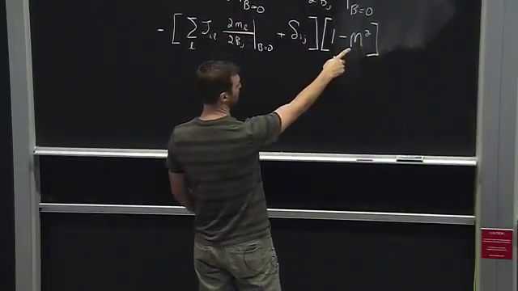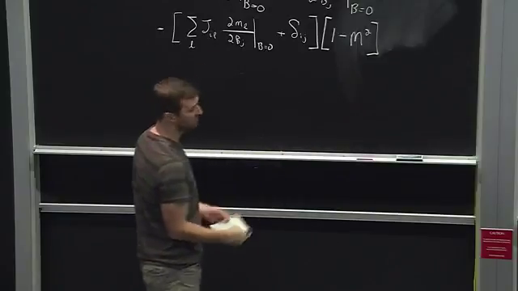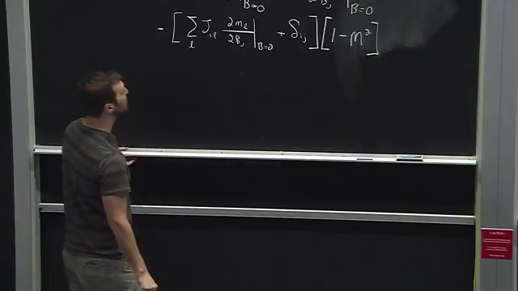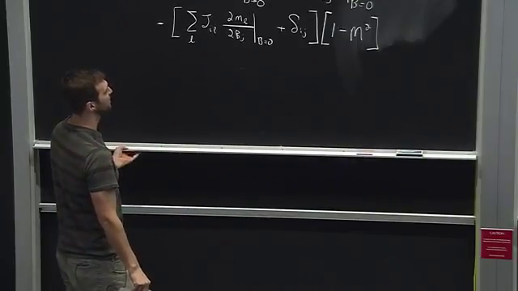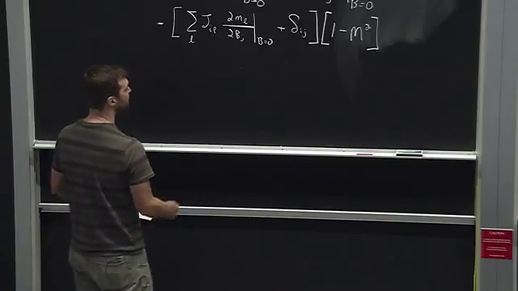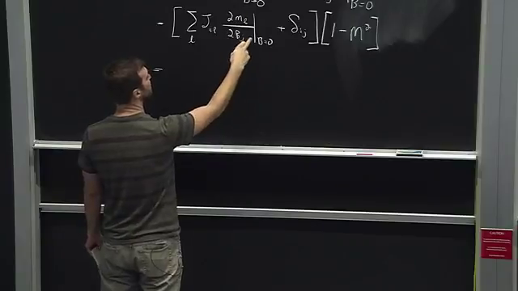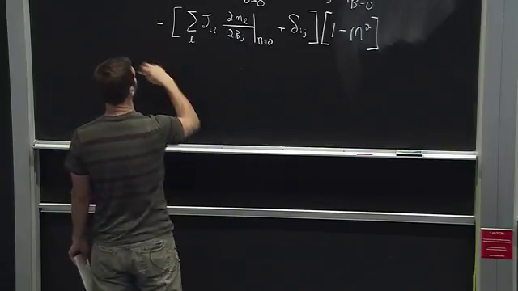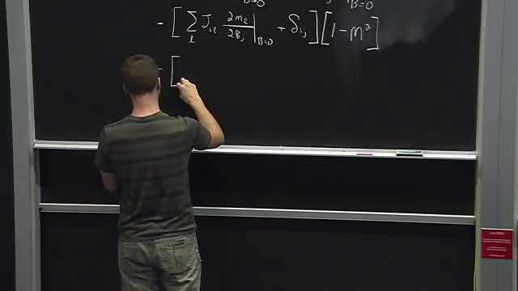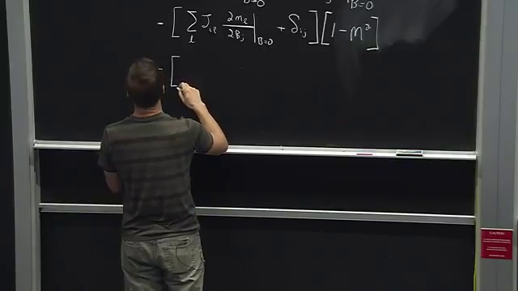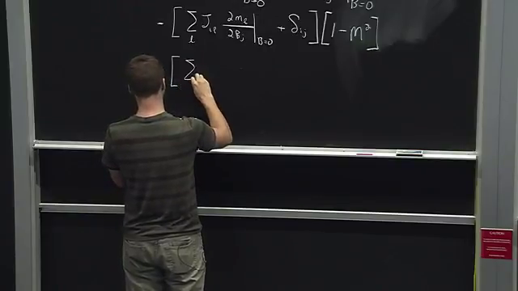where that is our hyperbolic tangent mean field expression for the magnetization. I just call it big M. And I replaced this first derivative here with the two-point correlation function.